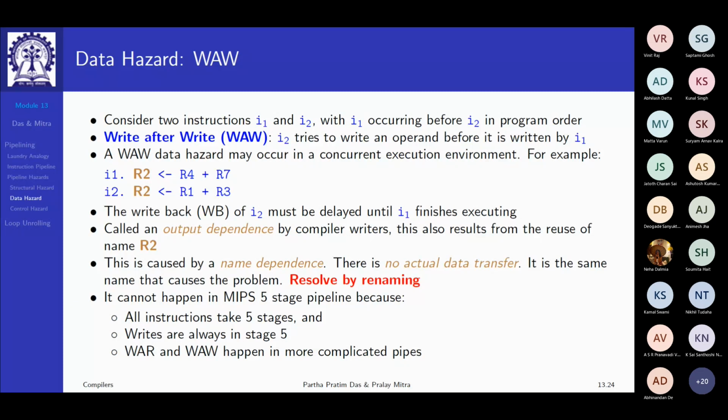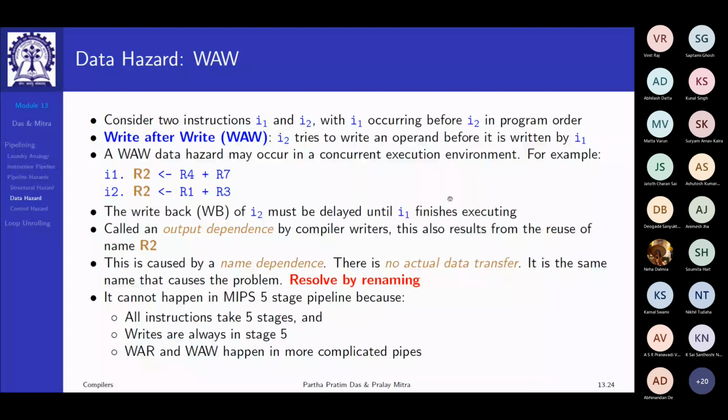The other choice, at least in hardware, is that you don't need to do anything specific for this, because you can rename and solve the problem. This again is a similar type of problem, where both of these are writing the result into R2, and you cannot let the value written by I2 be overwritten. So again you have a name dependence issue, and you can resolve it by renaming.